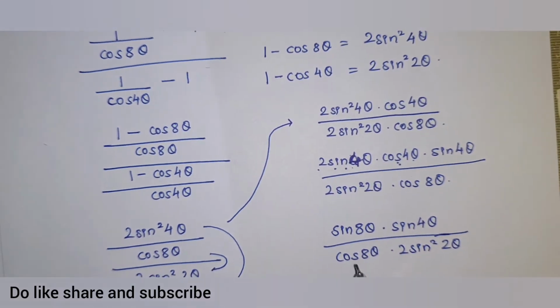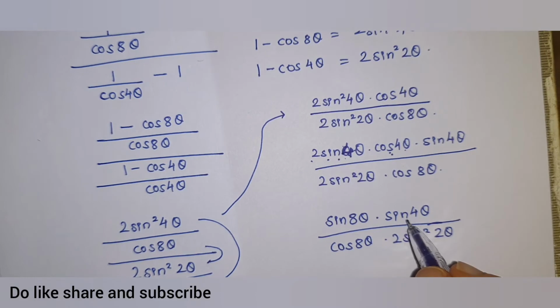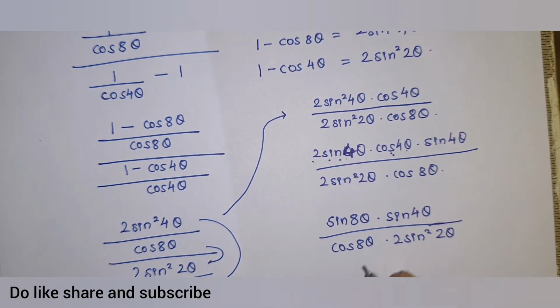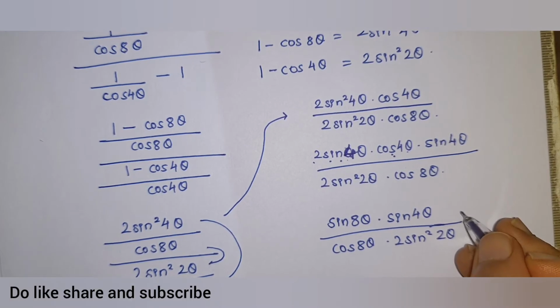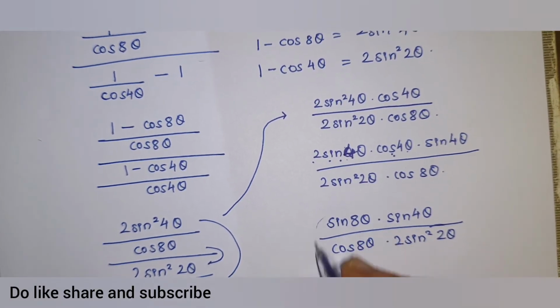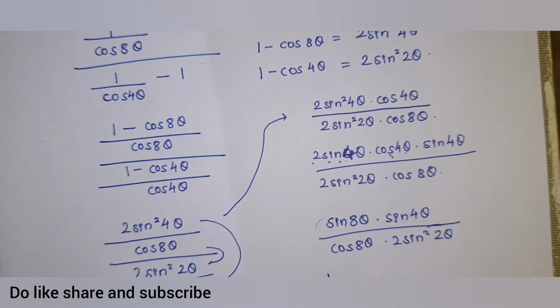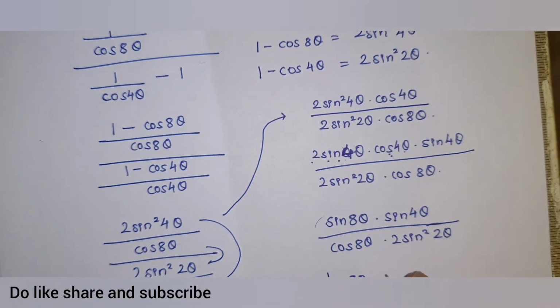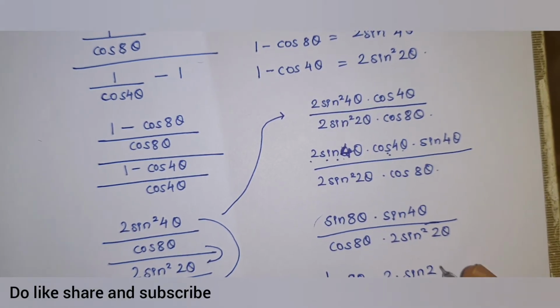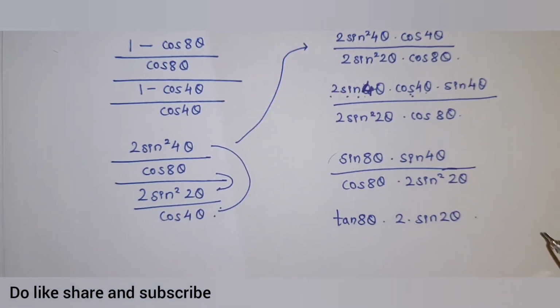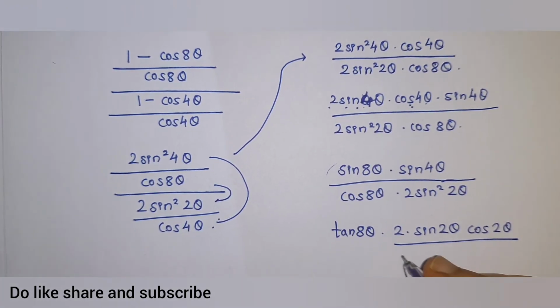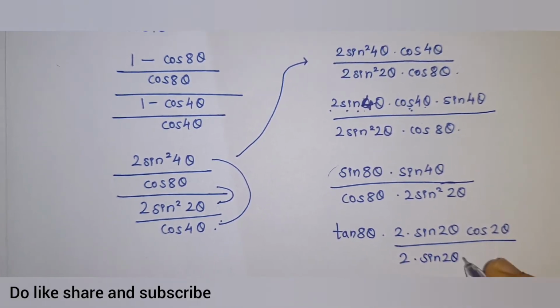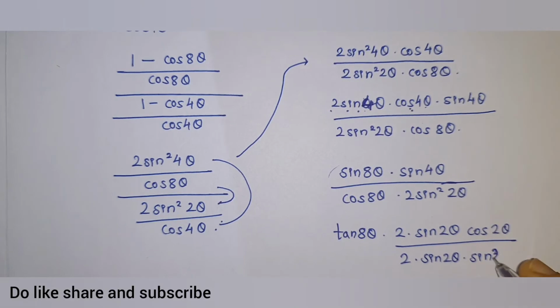Now further we will be substituting the value for sine 4 theta. We'll be getting sine 4 theta is equal to 2 sine of 2 theta into cos of 2 theta, and this sine 8 theta upon cos of 8 theta will become tan of 8 theta. So further here 2 into sine of 2 theta into cos of 2 theta, completely divided by 2 into sine of 2 theta into sine of 2 theta.